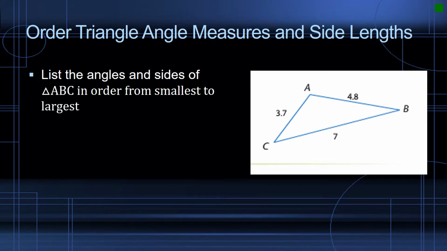List the angles and sides of triangle ABC in order from smallest to largest. Angles and sides. Well, let's start with the sides because we can see those. Well, obviously, segment AC is 3.7, so that's the smallest.